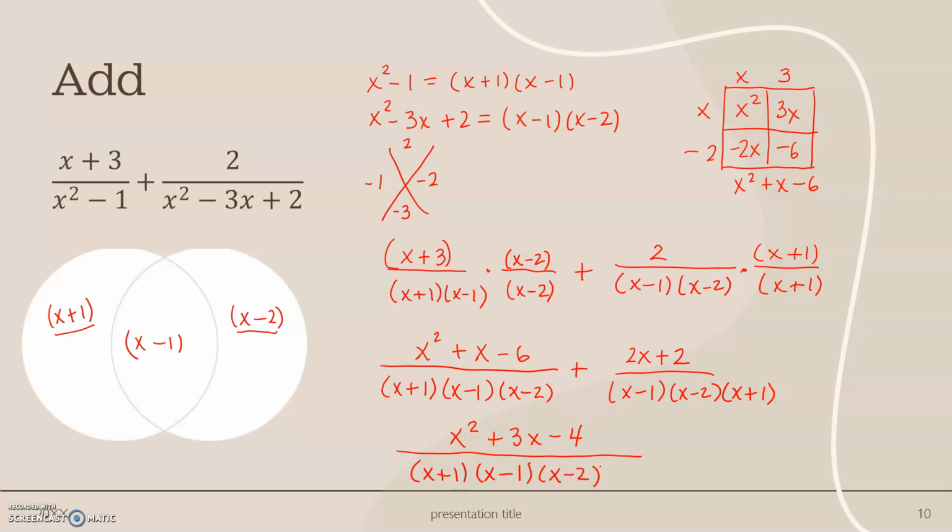But we still have to do a little bit of thinking because maybe we can factor x squared plus 3x minus 4. So our product would be negative 4 and our sum would be 3. And yeah, that works if I use negative 1 and 4. So actually this factors even more. So it's x minus 1 times x plus 4.